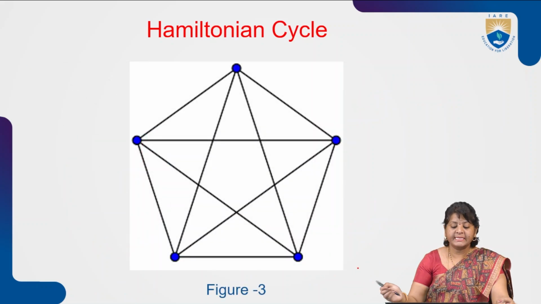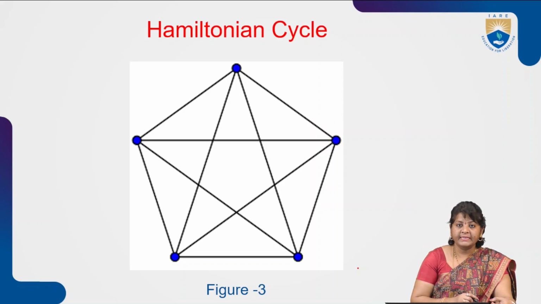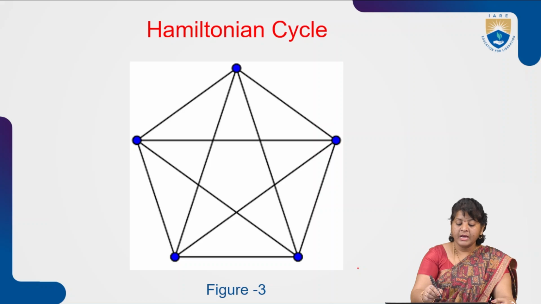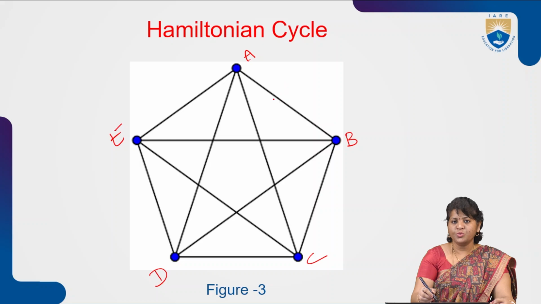And we will see one more example, Hamiltonian cycle. To find the Hamiltonian cycle, I am naming the vertices A, B, C, D, E. 5 vertices. Naming the edges is not required, since there is no condition on edges, so I am not going to highlight the names of the edges.